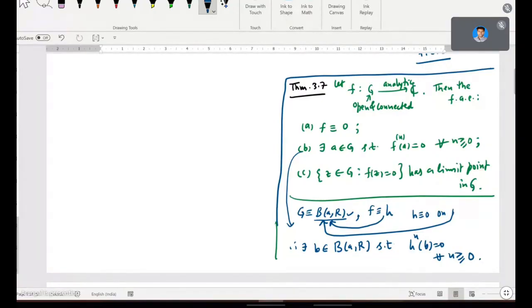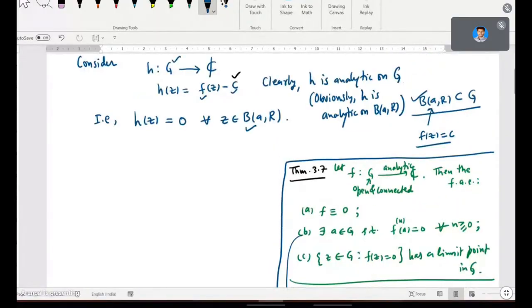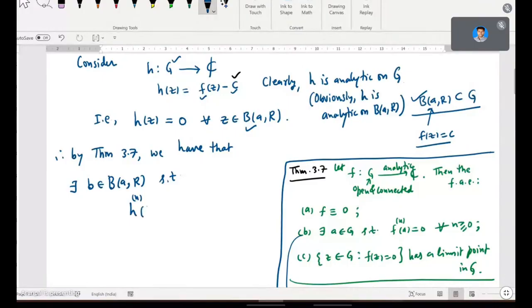So therefore, by theorem 3.7, we have that there exists some point b in the ball such that the derivatives of all orders of h at b are 0. Is this clear, class?